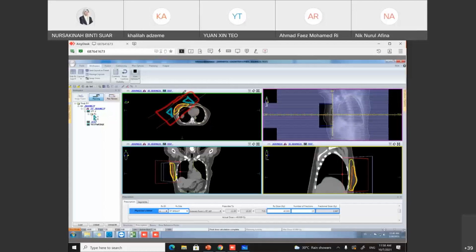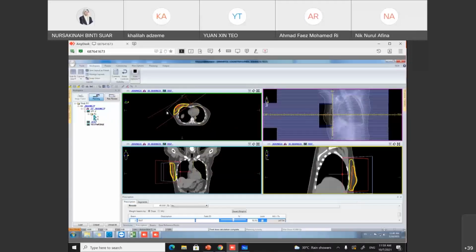Understand? If we use the thick end like this, we will actually push all the dose towards the patient's skin. Let me show you the example.